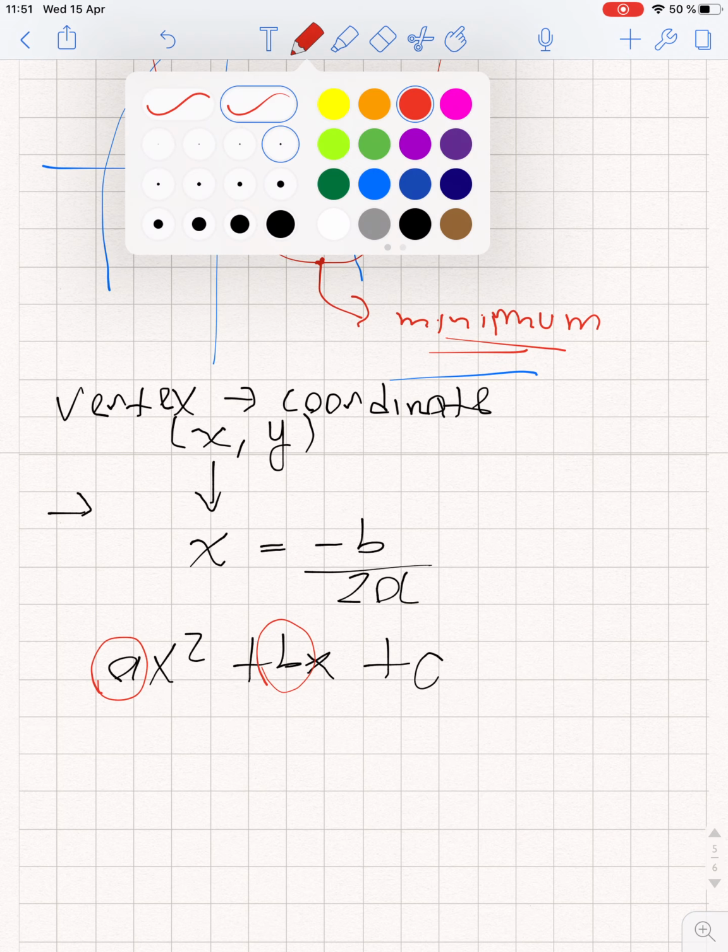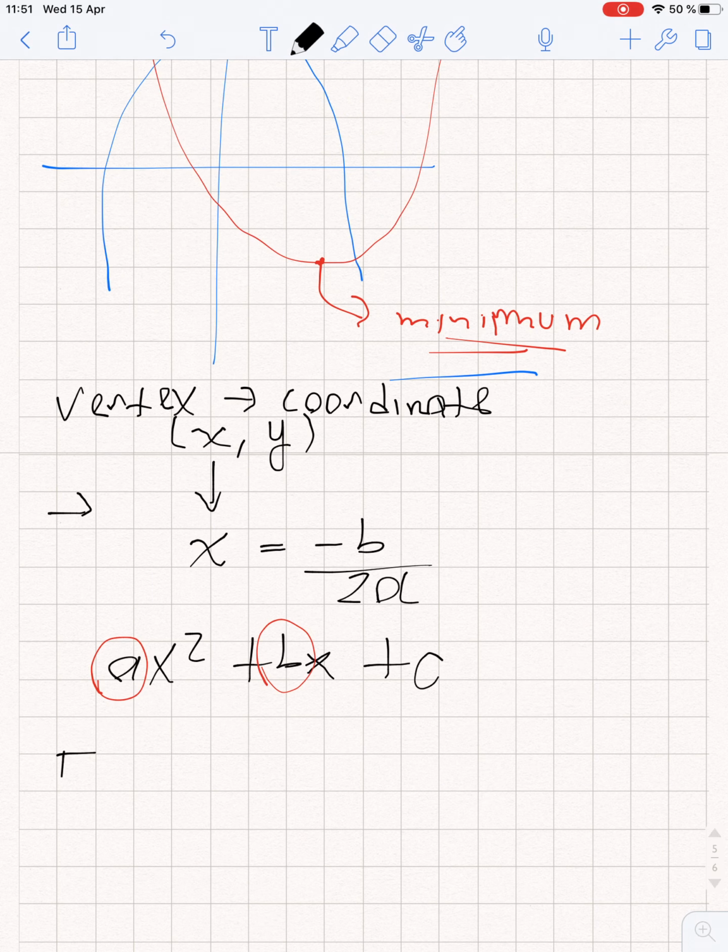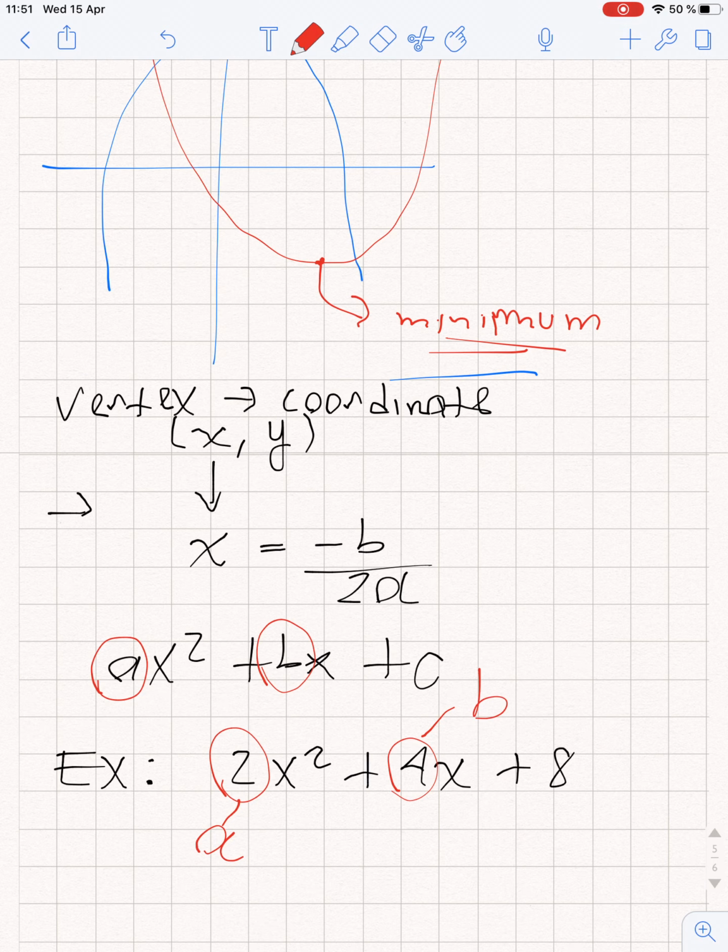I'm going to do an example, and the example is going to be, for example, 2x squared plus 4x plus 8. If we want to calculate the vertex coordinate for this expression, we're going to take the values 2, that corresponds to a, and 4, that corresponds to b, and replace them in the formula above.